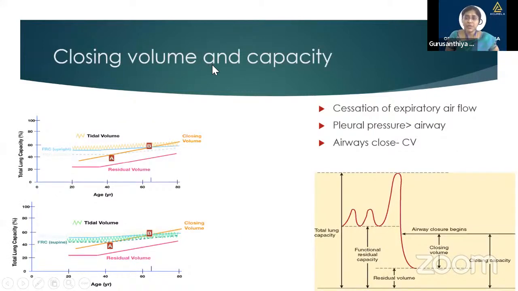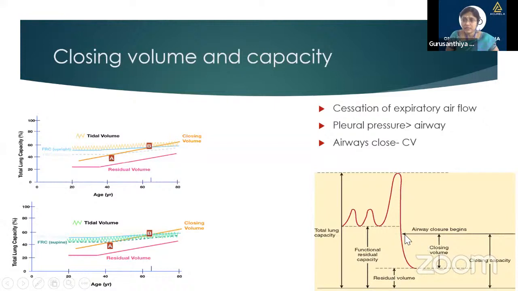So coming on to closing volume and closing capacity, though it doesn't come under our topic proper, it is important to discuss here. Closing volume is the volume at which the airways close. As you can see in the graph, this is tidal volume, this is inspiratory reserve volume, this is expiratory reserve volume, and this is the residual volume remaining in the lungs.